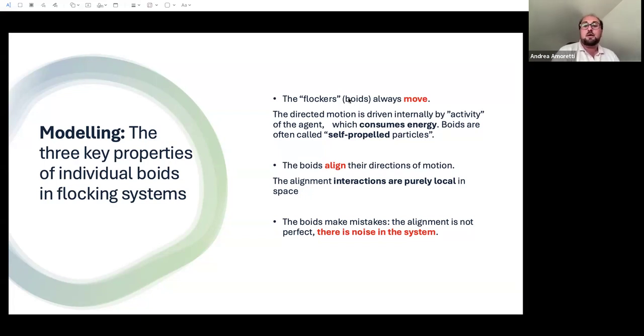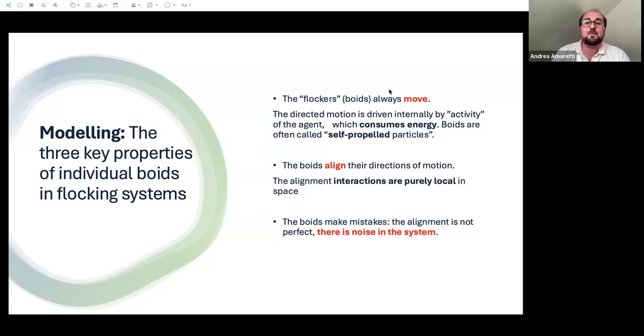On top of that, since the boids are most of the time living particles, they can make mistakes. So you must add some noise to the system in order to parameterize the fact that the alignment of the velocity is not always exact.